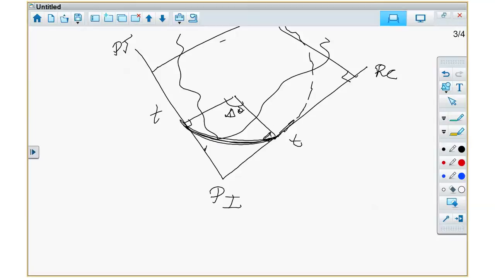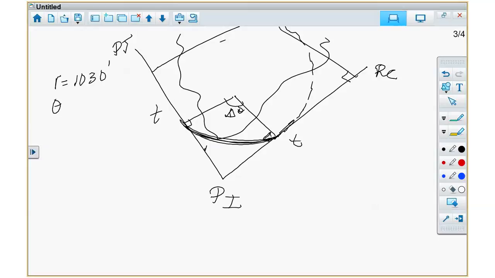But the whole point is to actually get this curve, and we've got a tangent or radius. Let's see, radius is equal to 1,030 feet. And let's see, the angle is 36.51.